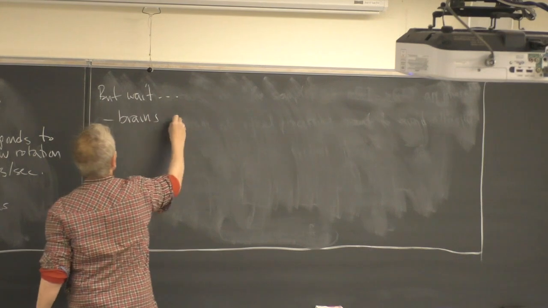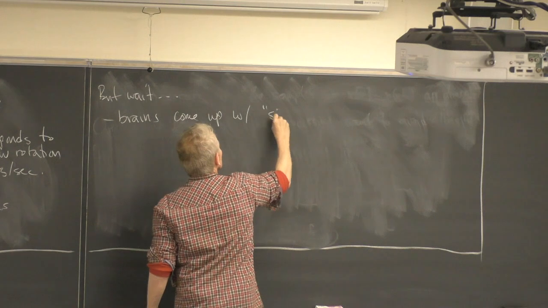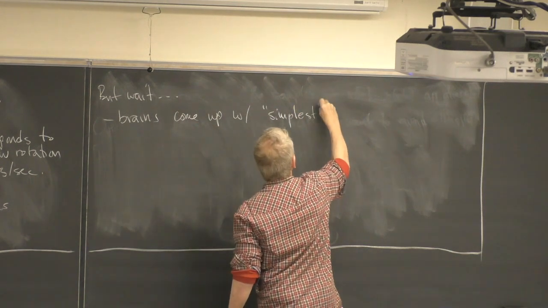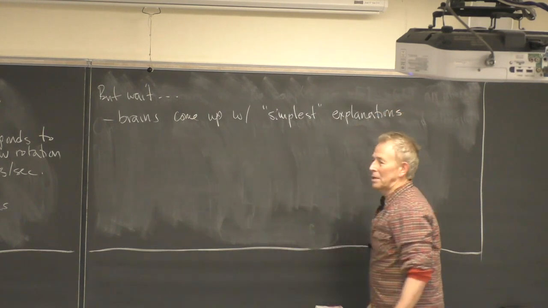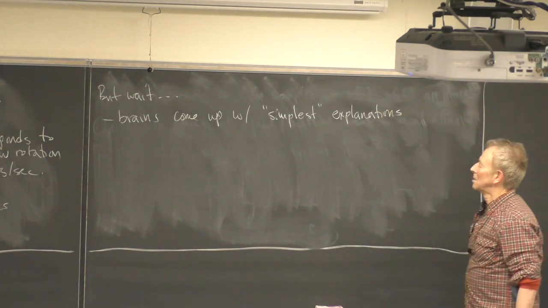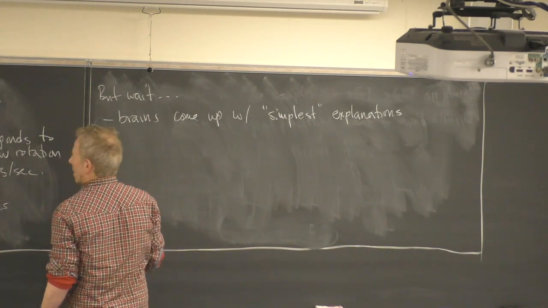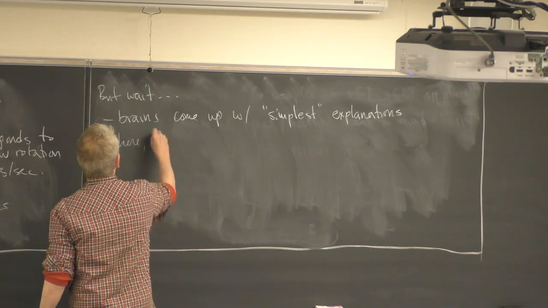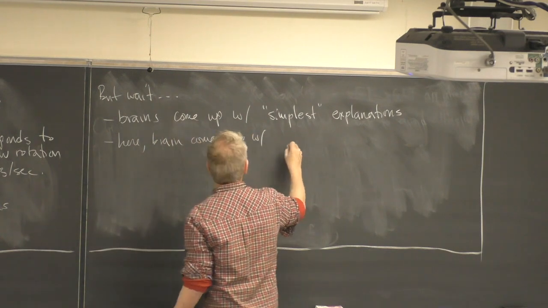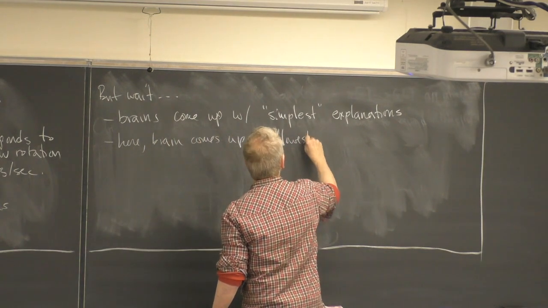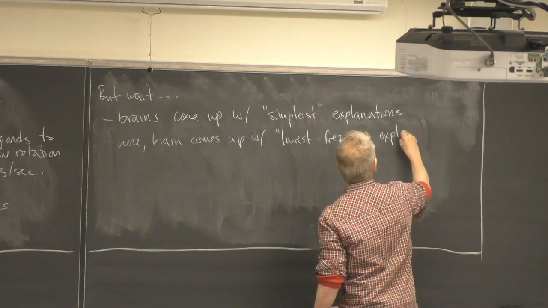Brains are supposed to come up with, quote unquote, simplest explanations for what they see, at least if they are going to survive to give rise to future brains. Here we see the brain comes up with what we might call the quote unquote lowest frequency explanation for what it sees.